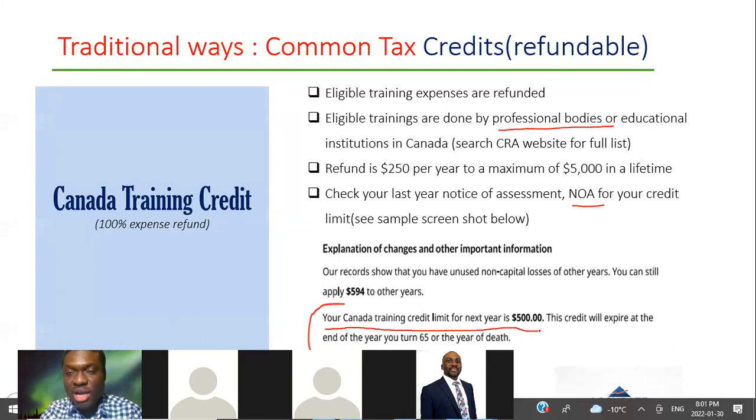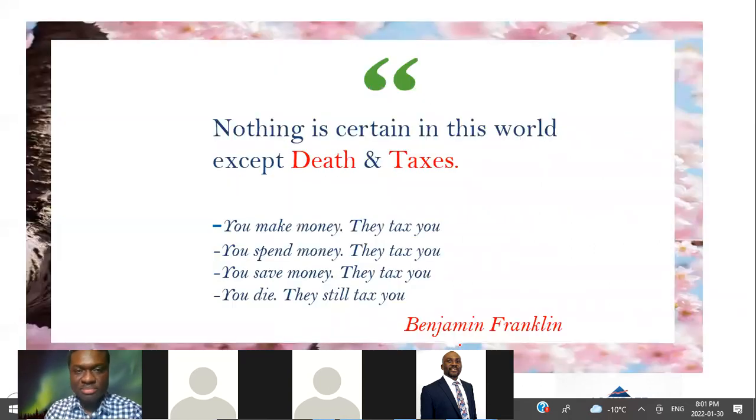So it's $250 per year. So for 2 years for this client became $500 and it will expire at the end of year 65. So this is just to encourage workers to maybe enroll in some trainings, you understand, to empower them.